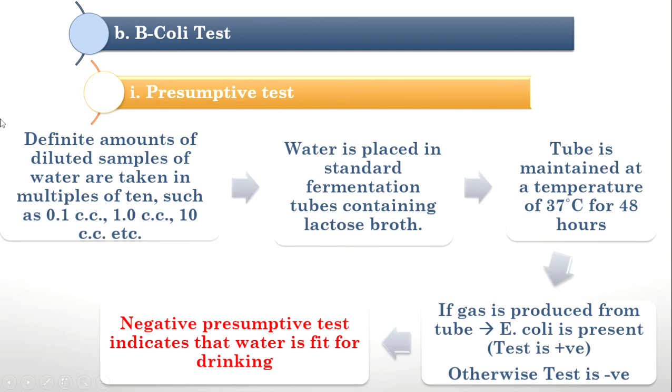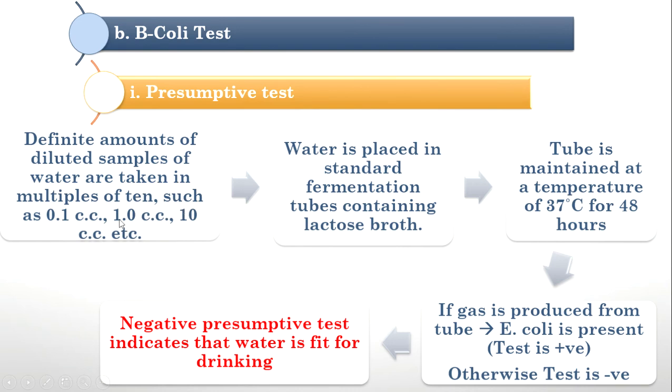So first one is the presumptive test. These are the steps for the presumptive test. I have already told you that the basis of this test is the ability of the bacteria to ferment lactose broth. First we will take definite amounts of diluted samples of water, for example 0.1 cc, 1 cc, 10 cc, etc. So these are the dilutions.